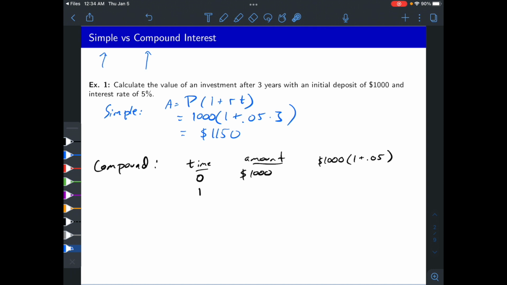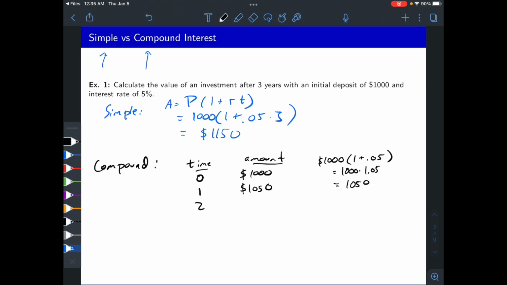If it's just 3 years, then we do it like that. Over here, this is just 1 year, right? So this is equal to 1,000 times 1.05, or 1,050.